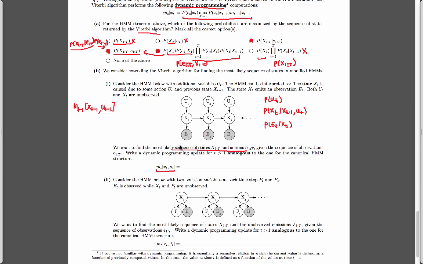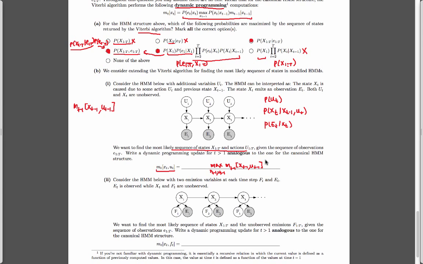So what we want to do is maximize over this previous time step to compute for the next time step. So we have max over x_{t-1} and u_{t-1} of, first we can simply put in this value m_{t-1} of x_{t-1} and u_{t-1}.